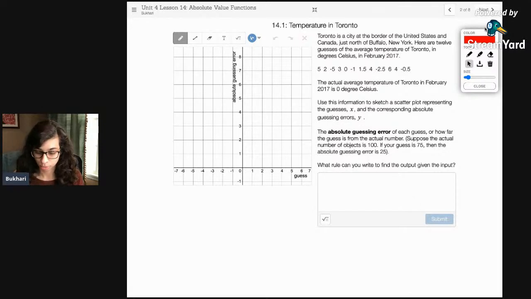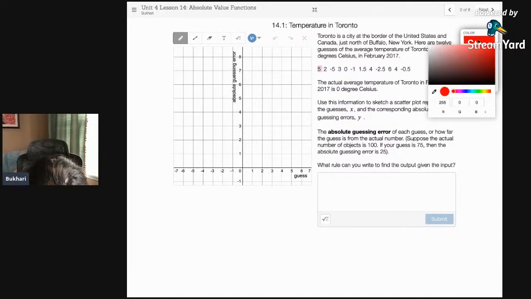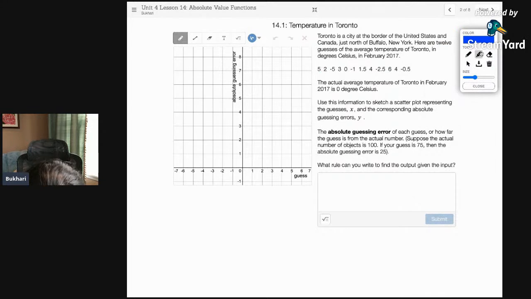Let's take a look at 5. I know that my actual value is 0 degrees Celsius, and my guess in this case is 5 off. I'm 5 degrees off.